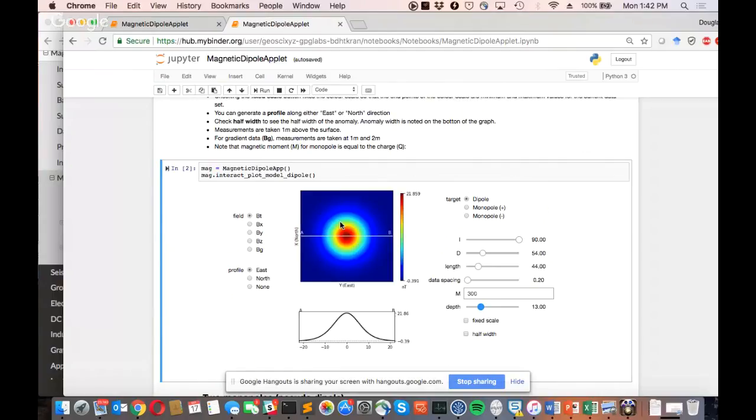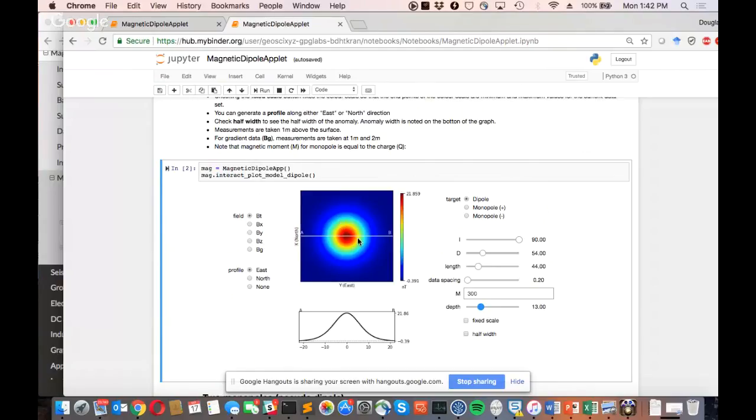So at some point over here, I'm expecting to get something that's a bit negative, and then my anomaly is going to come up like this. In this scenario, I'm going to get some negative values here, but I'm farther and farther away from the magnet. Remember that 1 over r cubed means that these are not going to be very big. But what I'm expecting is some kind of anomaly that looks like that.